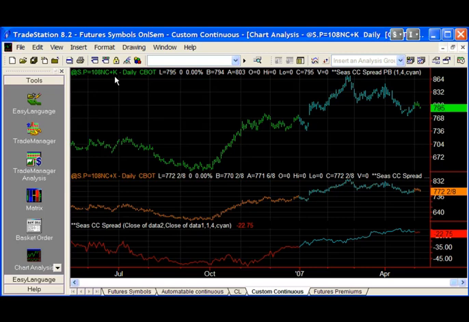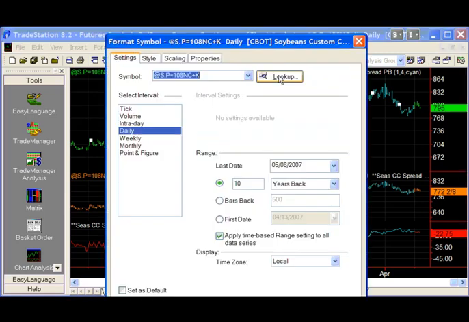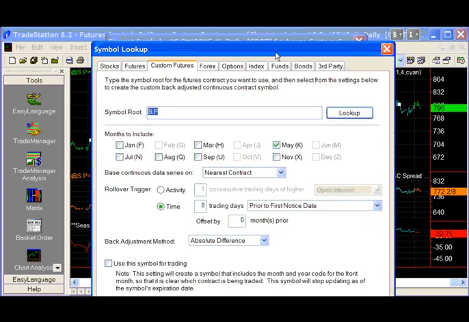In fact, let's take a quick look at that dialog box. So when I created this custom continuous, I said this will only be May futures. I'm ignoring all the other contract months for the soybeans.